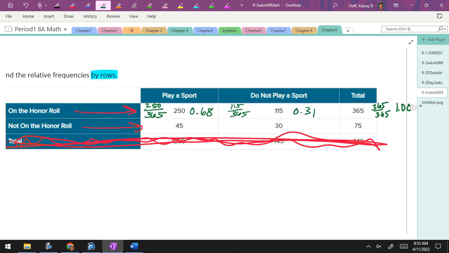See what you can do on that one. Do it all the way across here.